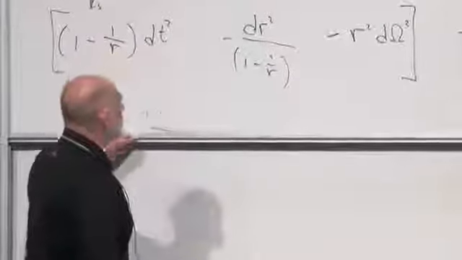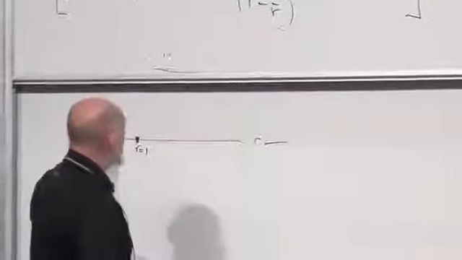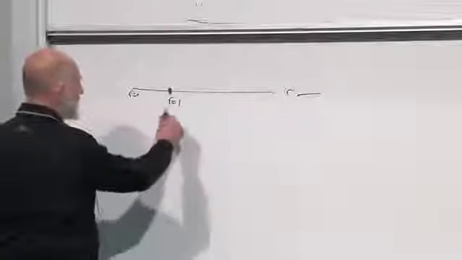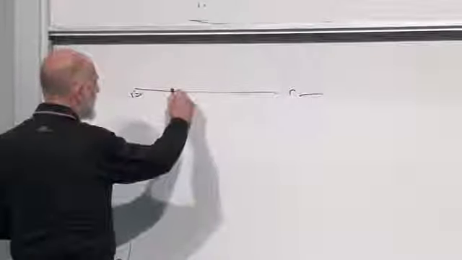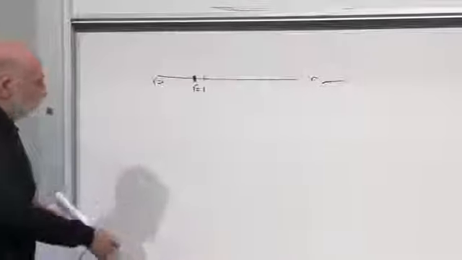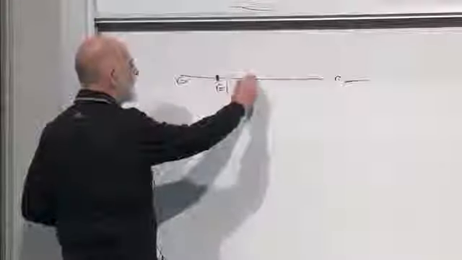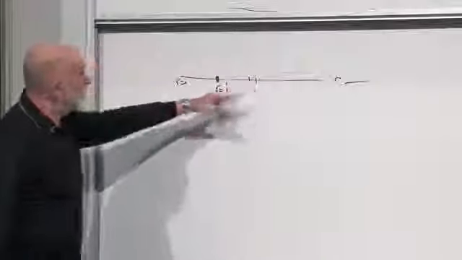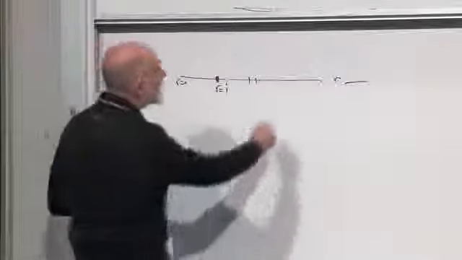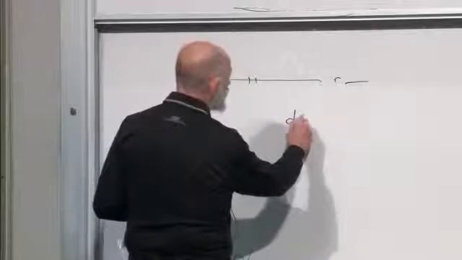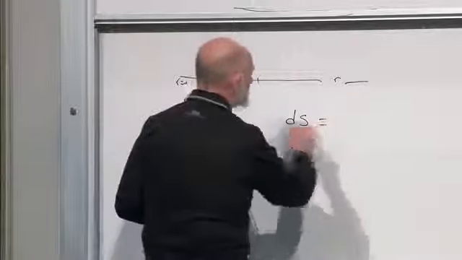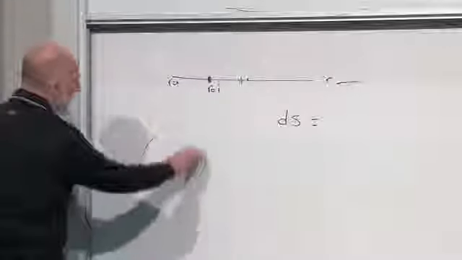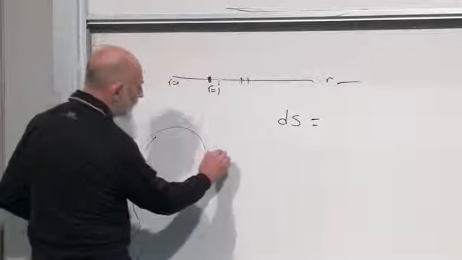Now let's move a little bit away from the horizon, radially outward. Let's just take some differential distance over here and ask what the proper distance between these 2 points is. The proper distance between those 2 points is just ds. Here's my black hole. I'm moving from here radially outward.